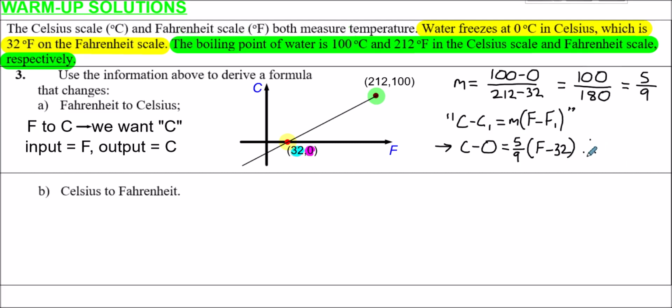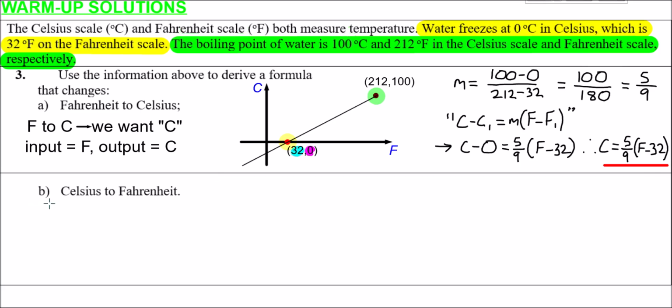And we've got it now, because C minus 0 is just C, so C is just 5/9 of F minus 32. And that is the formula that changes from Fahrenheit into Celsius.